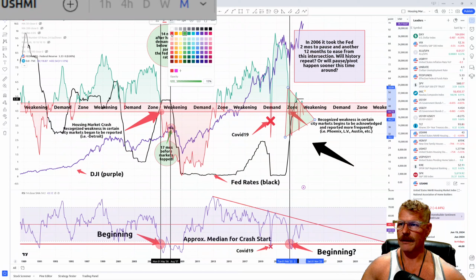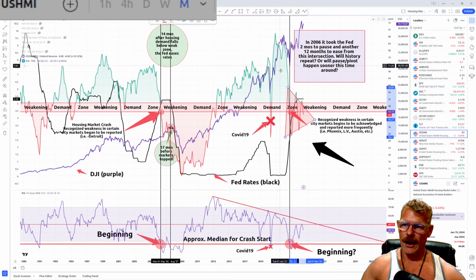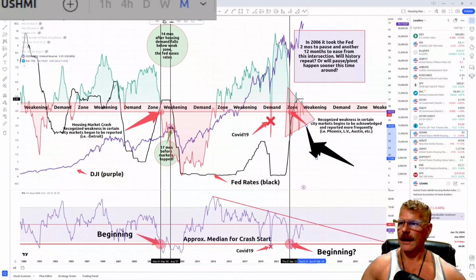Now, why do I say it's a bear flag? Because we are continuing the trend down, and we've just created a flag here of stagnation. And I think before the end is over, you'll see us drop from this triangle, and the housing market is about to crash.